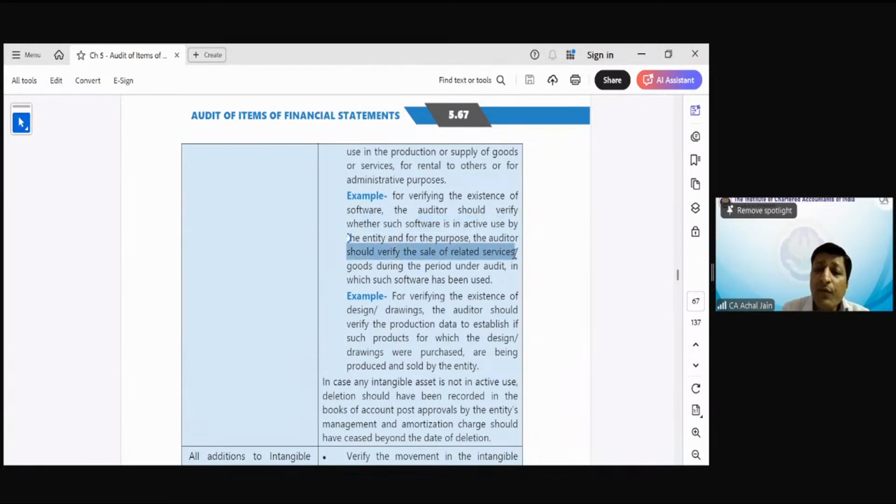The auditor should verify sale of related services or goods during the period under audit, which would have been done on the basis of such software. So that part needs to be considered. For verifying the existence of designs or drawings, the auditor will verify the production data to establish if such products for which design drawings were purchased are being produced and sold by the entity. Okay.